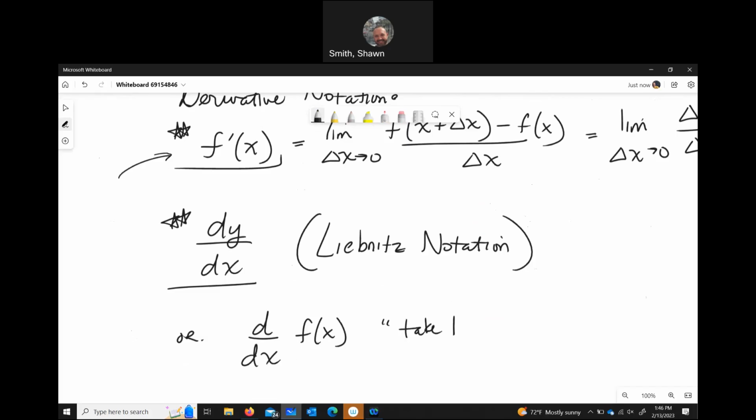So take the derivative of y. Y is the function, right? Or maybe just the equation with respect to x, which is your independent variable.